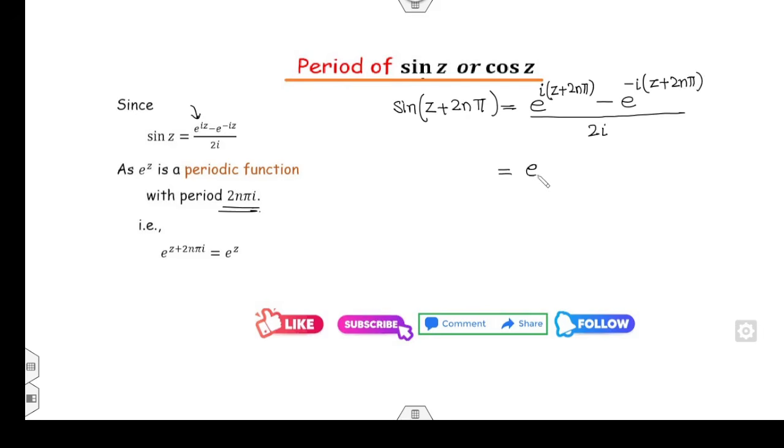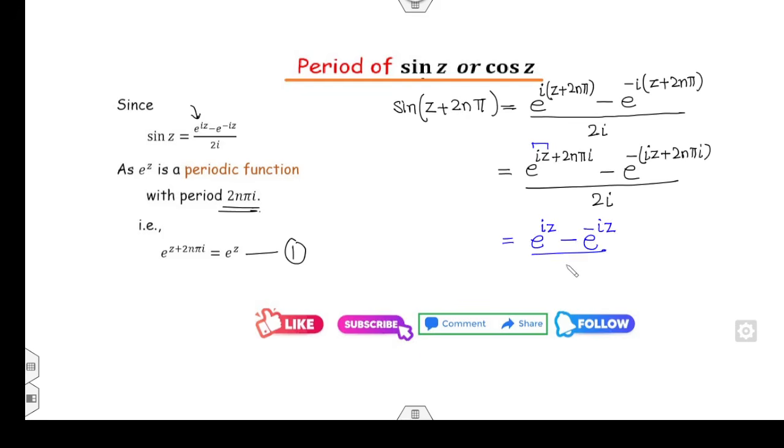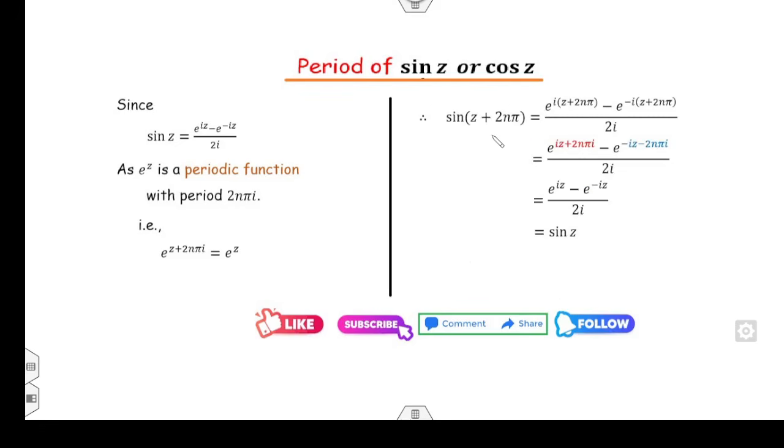Now if you open this bracket, it is e raised to power iota z plus 2n pi iota, minus e raised to power minus iota z plus 2n pi iota, divided by 2 iota. Now by using equation number 1, I consider this as e raised to power z, and this as e raised to power minus z, divided by 2 iota, and this is the expression of sin of z. Therefore, sin of z plus 2n pi becomes sin of z.